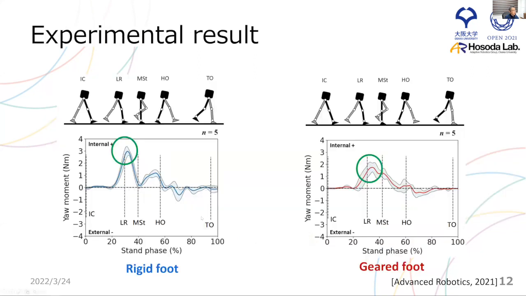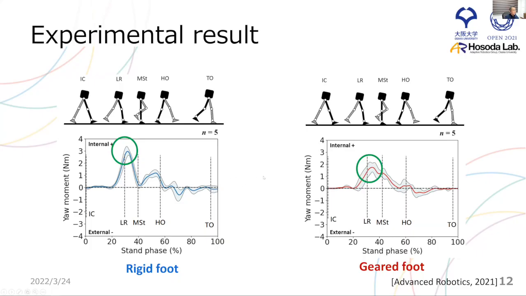We put the force plate beneath the robot and sensed the yaw moment during walking, not the stance, I should say, and found that the geared foot obviously suppresses the yaw moment compared with the rigid foot.